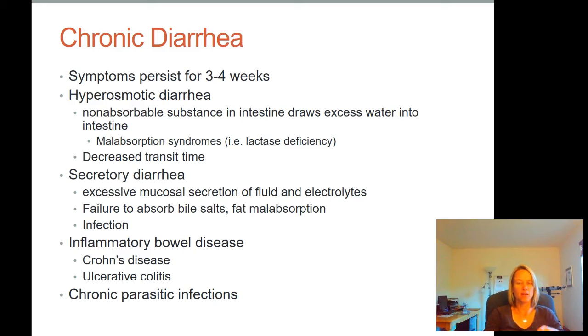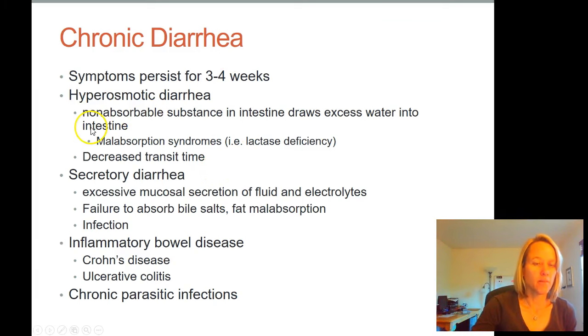So it stays in the gut, keeps water with it, so it causes hyperosmolarity in the intestine, and that's going to lead to malabsorption syndromes.